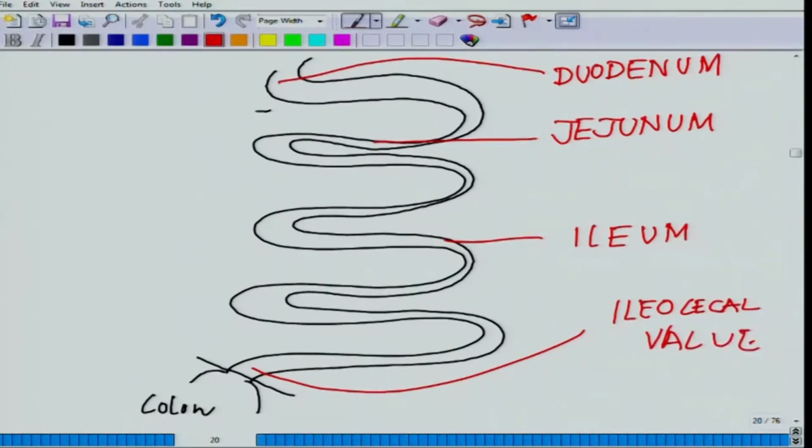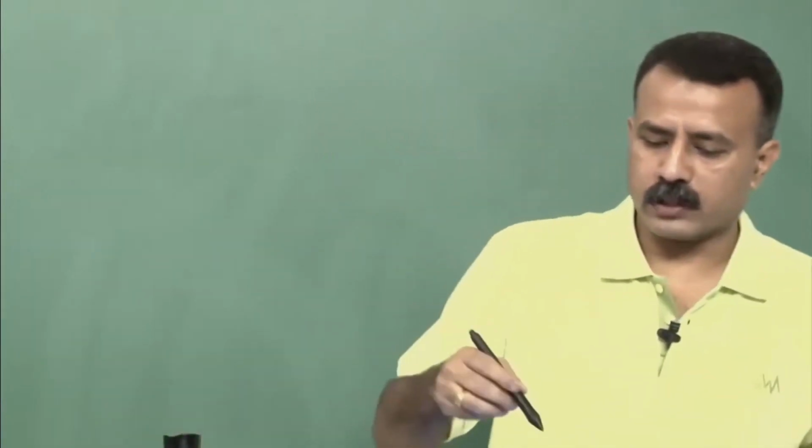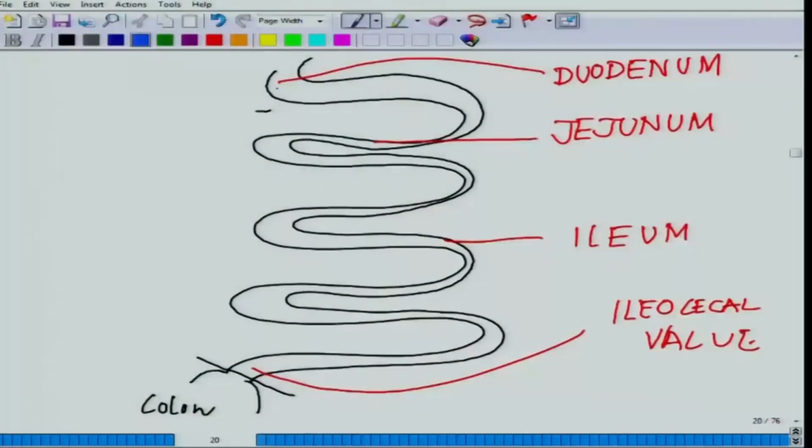The intestine is divided into 4 parts: duodenum, jejunum, ileum, and the ileocecal sphincter or ileocecal valve, from where the food moves on to the colon. It is a huge tube, and if I give an analogy of the histology, the whole tube has borders like this all over inside, a hairy border all over.